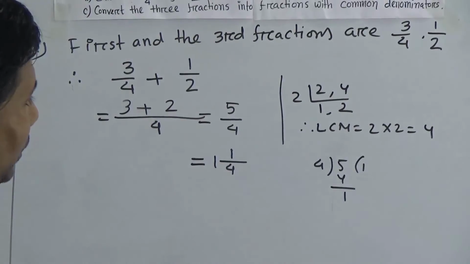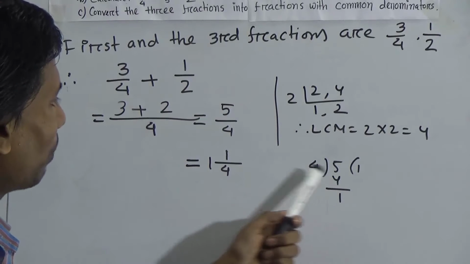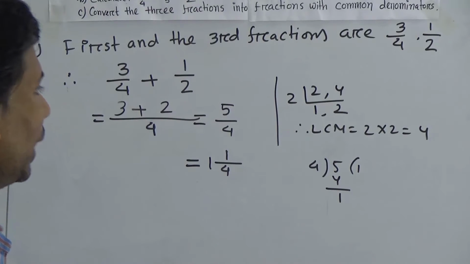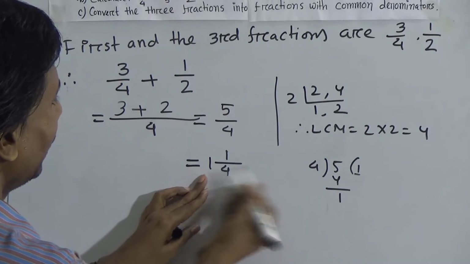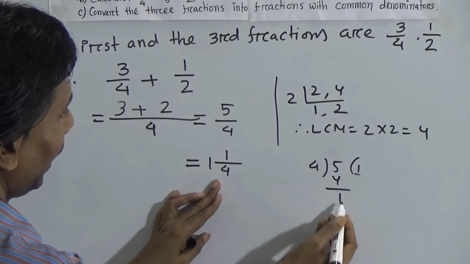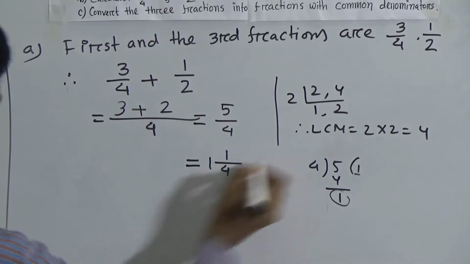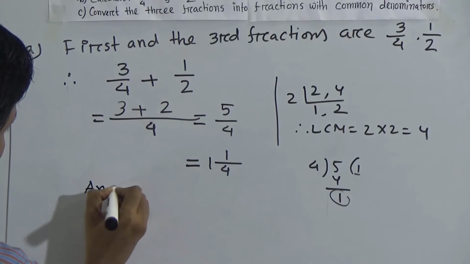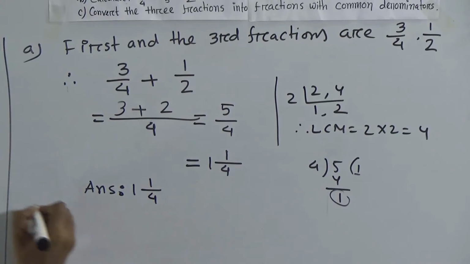But dear student, this is confusing for you. At first you divide 5 by 4, then 4 ones are 4. Then you write the quotient, then you write this quotient in here, the denominator stays the same, and the remainder in here. Okay. Now write the answer. Answer 1 by 4. Then B.